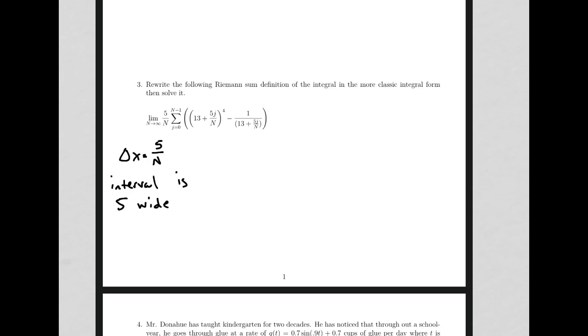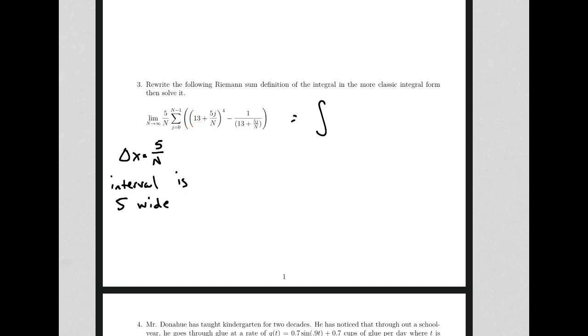And so when we set up this guy, these two numbers, your limits of integration, should be 5 apart. Now, we want to look for something that looks like blah plus width times j. And so if we look at this, we see it twice. We have 13 plus 5j over n and 13 plus 5j over n. This lets us know that we start at 13.